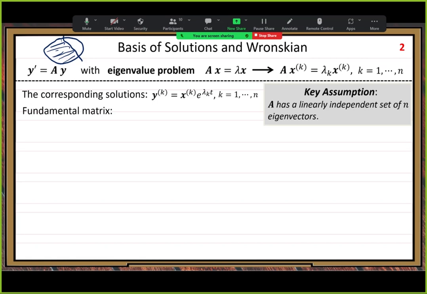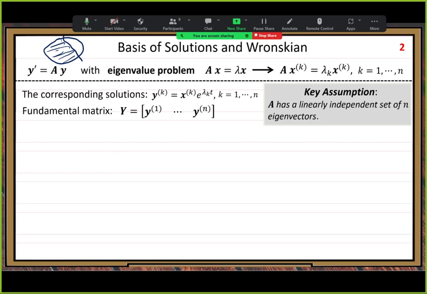Fundamental matrix. We used this definition before about these n solutions. We put these n solutions together in an n by n matrix, packed in their natural order. That matrix we call a fundamental matrix.